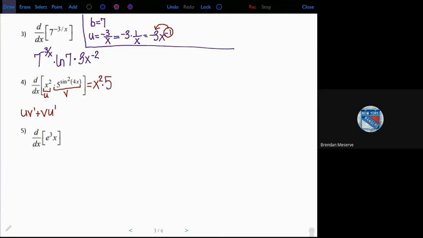So 5 to the sine squared 4x as is. The rule then says times the ln of b, so times the ln of 5. And now we've got u prime, the derivative of sine squared 4x.